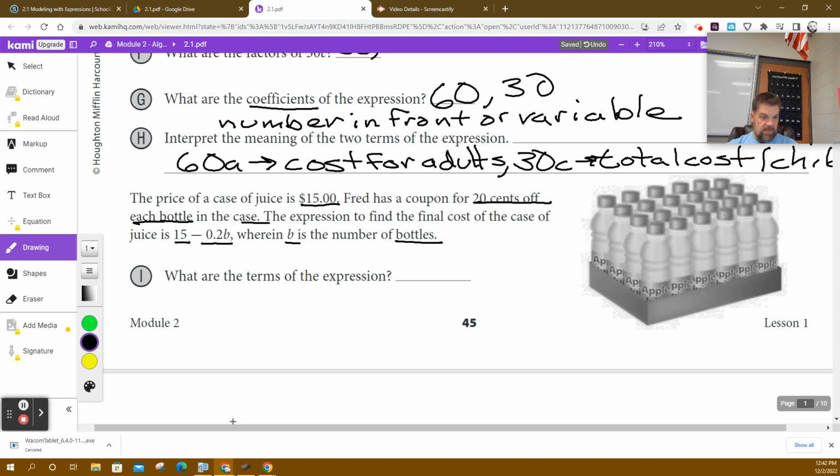What are the terms for this expression? Well, this is a term, and this is a term. So we would say 15, comma, negative 0.2B.